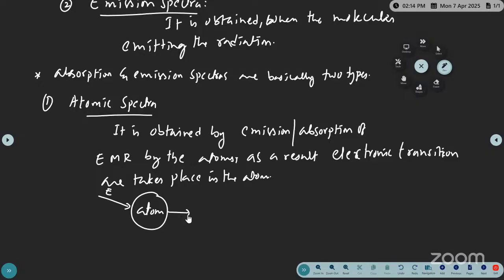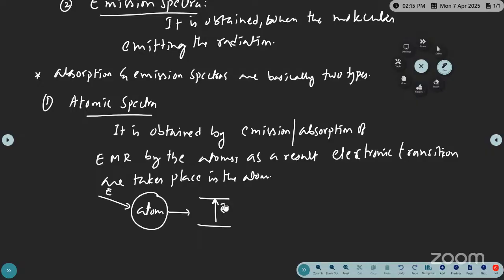Electrons, protons, neutrons, all these particles are present. By absorbing the radiation, the electrons are excited from lower energy level to higher energy level, and from higher energy level to lower energy level. That transition is known as electronic transition, isn't it?